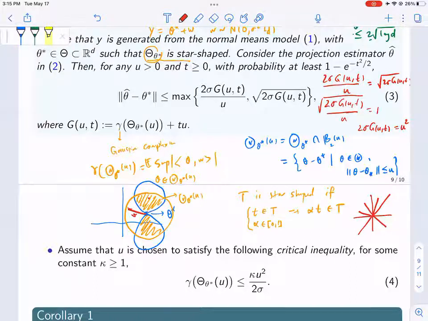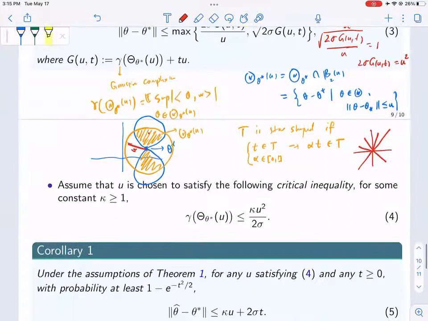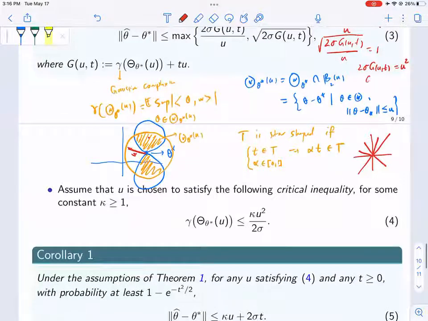And if you ignore this part, basically what you're saying is g(u) is equal to u squared over 2 sigma. Or basically, ignore this part, the Gaussian width has to be equal to u squared over 2 sigma.